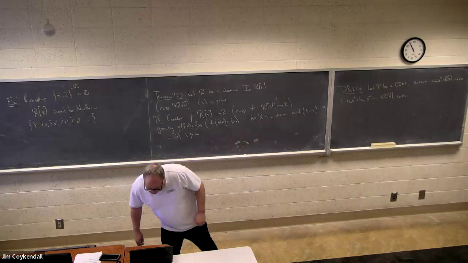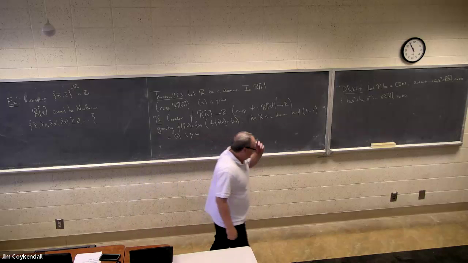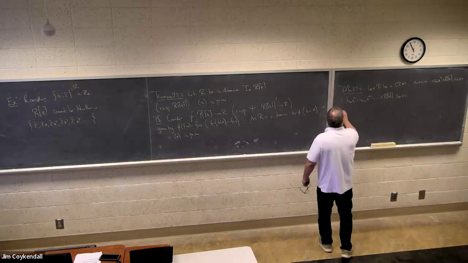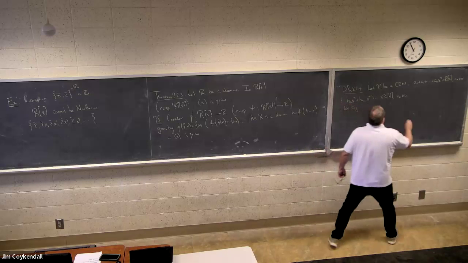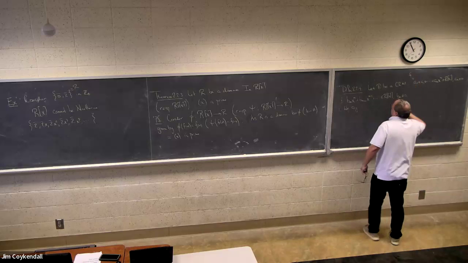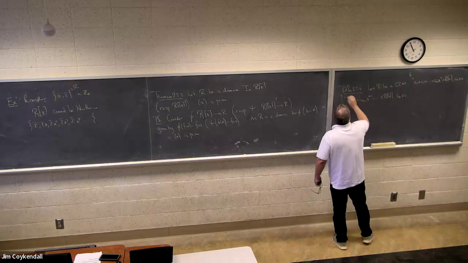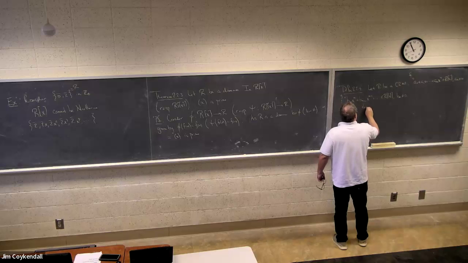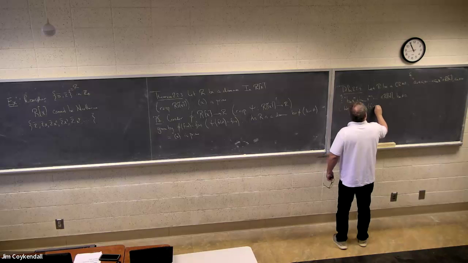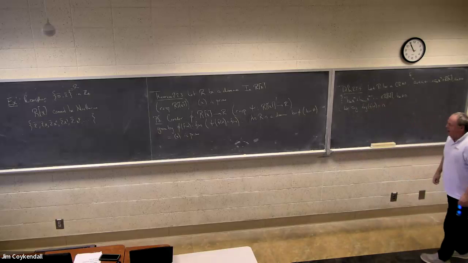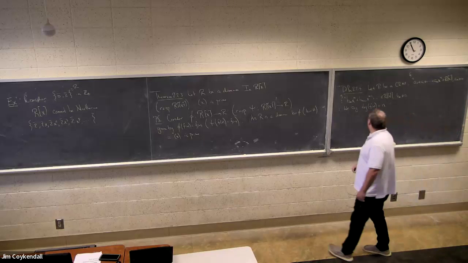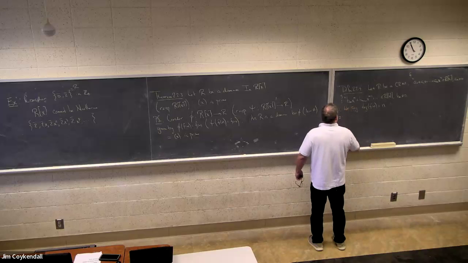Let me call this f and g. We say that the degree of f of x is equal to n. So it's just the power of the highest non-zero term of the polynomial.